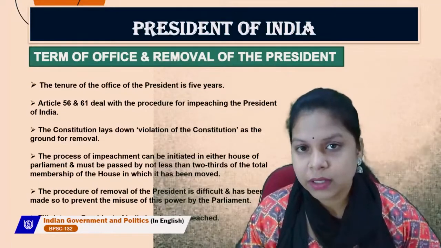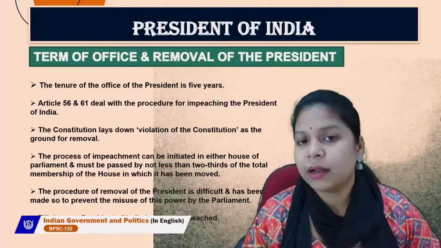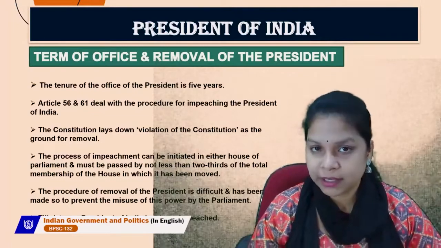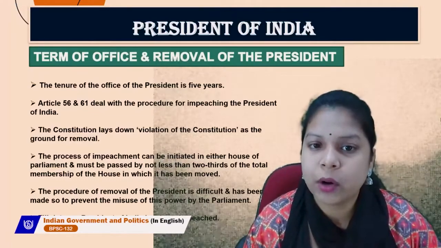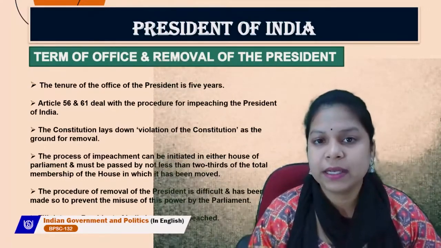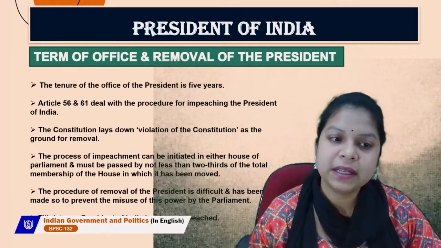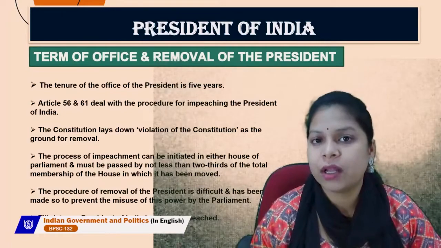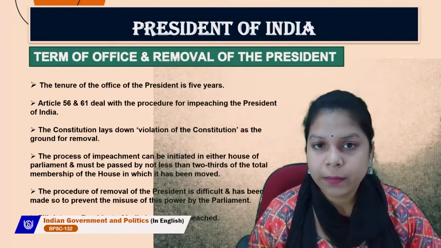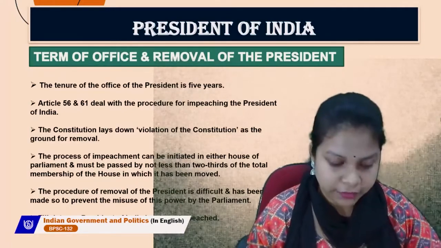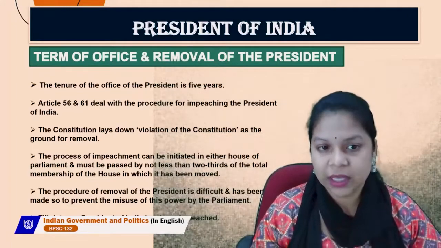Later on in unit 8 we talked about the executive, and here we talked about the president, how the president is elected, what the method of elections is, how the president is removed or impeached, and what roles are played by the president in our country. So this is all about today's class.